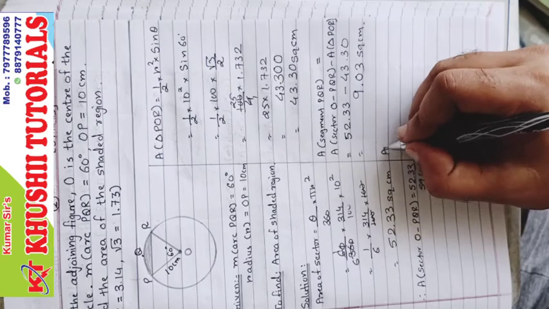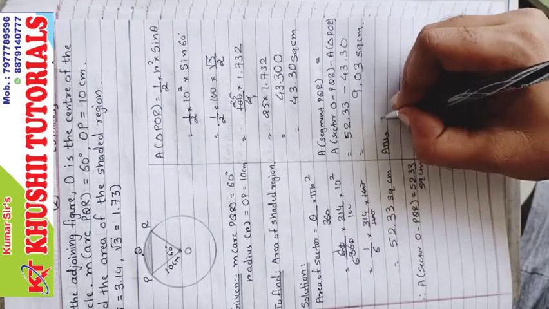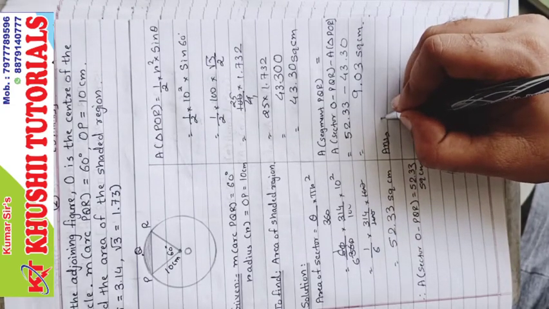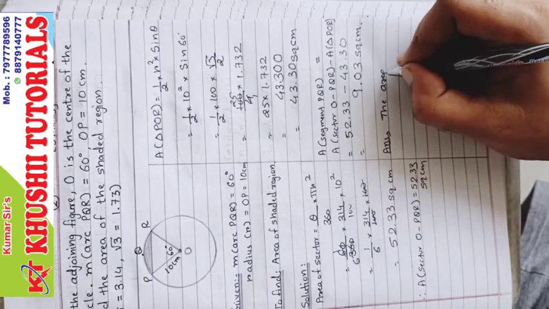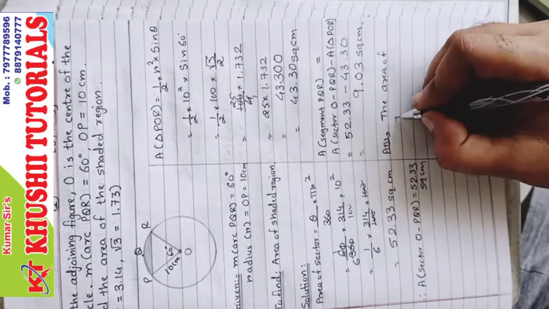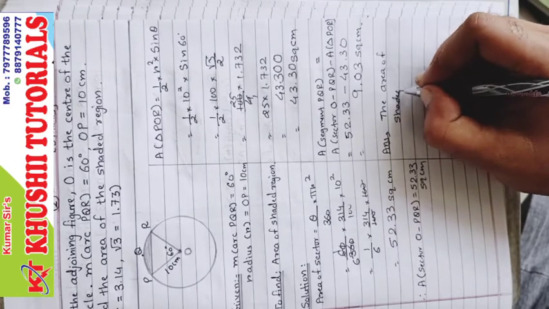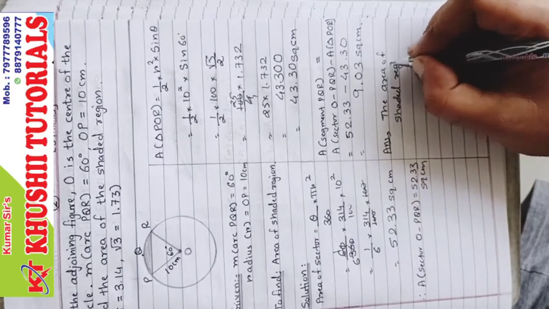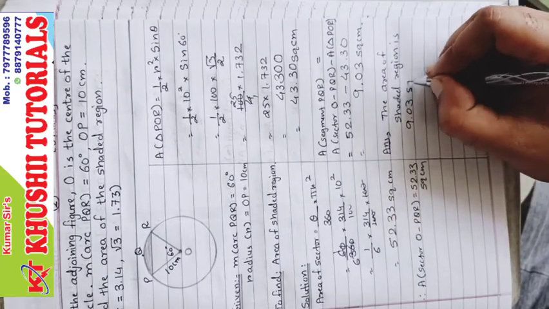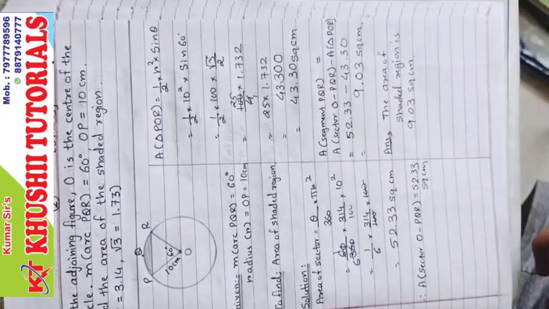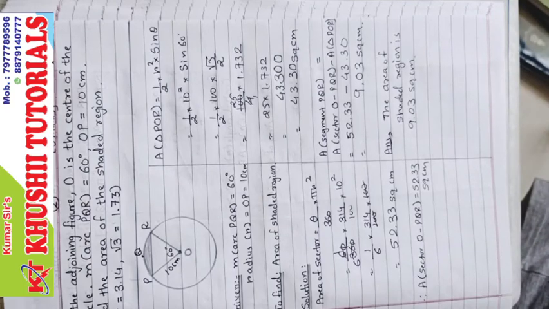So answer, area of shaded region is 9.03 square centimeter, and this is the answer of sum number 2.